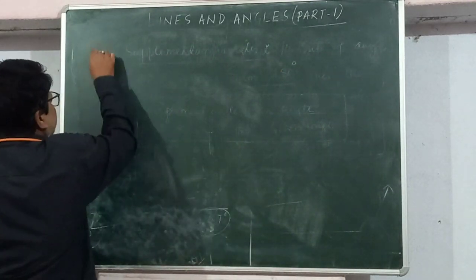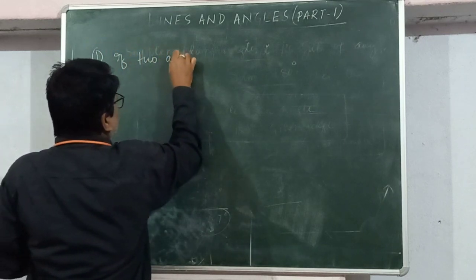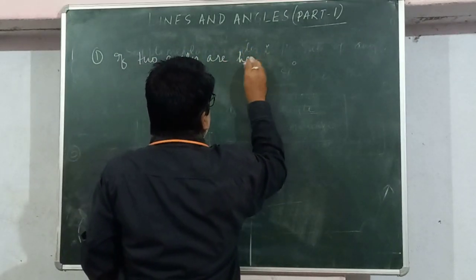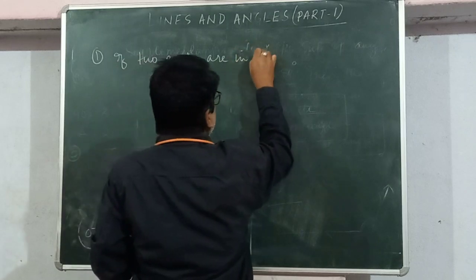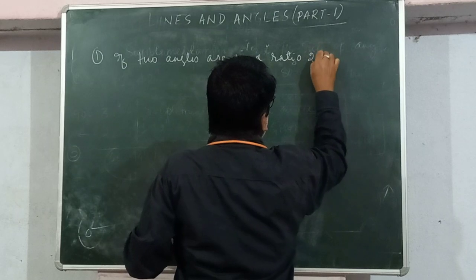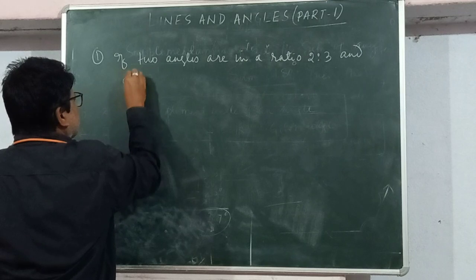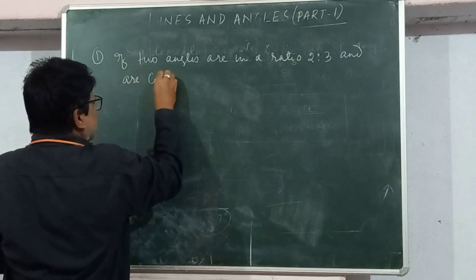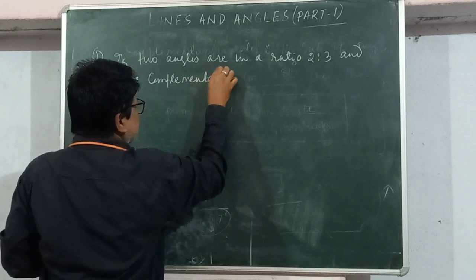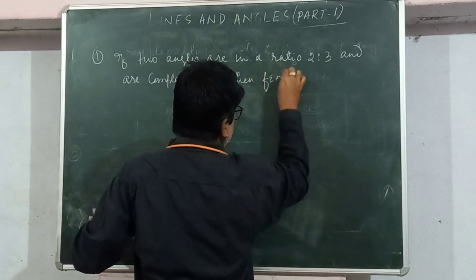First, if two angles are in a ratio 2:3 and are complementary, then find the angles.